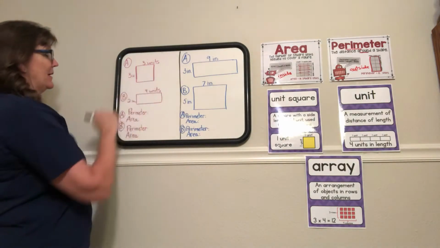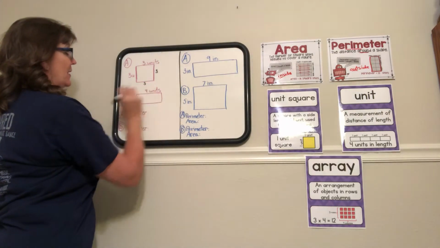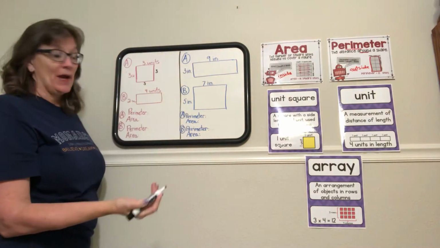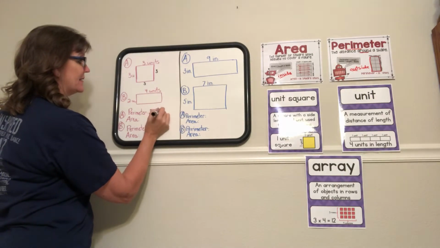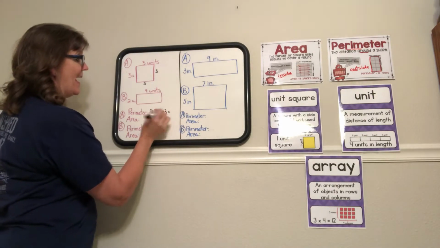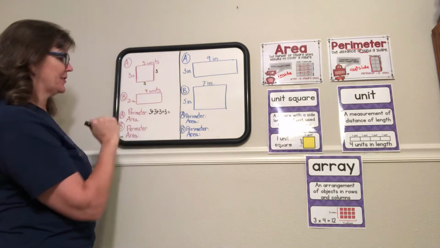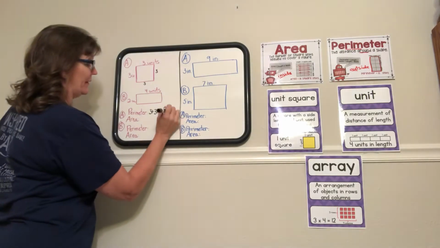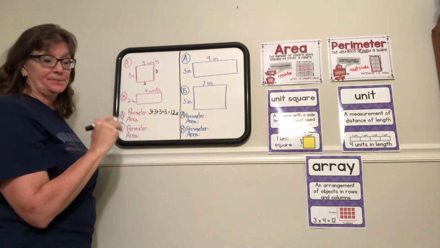And I see that my 2 sides are 3, so I know that these other 2 sides will also be 3, and I have a square. So if I add all the sides, I'm adding 4 3s. 3 plus 3 plus 3 plus 3 equals 12. So I have 12 units.